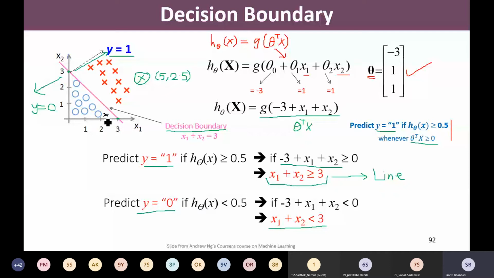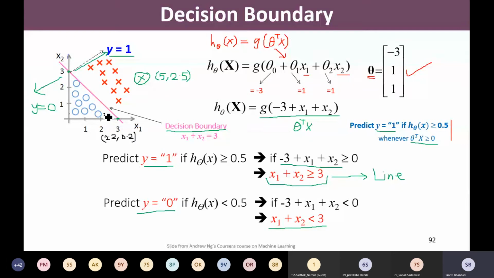Let us assume x1 value is 2.2 and x2 value is say 0.2. So this is my unknown sample.